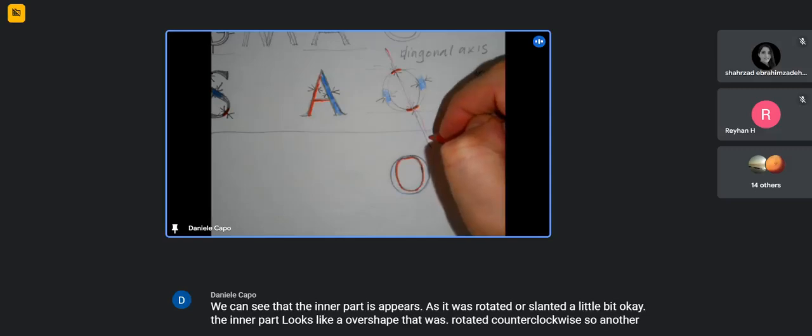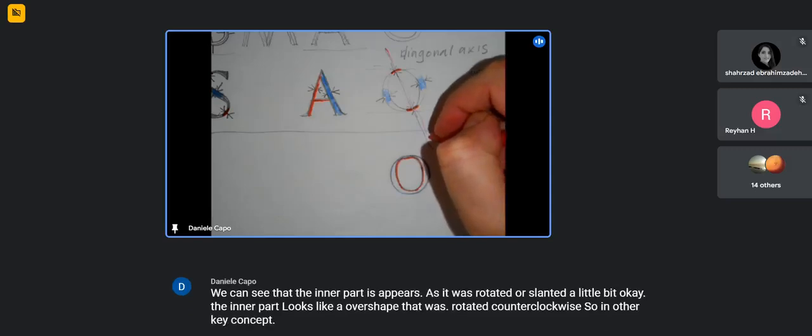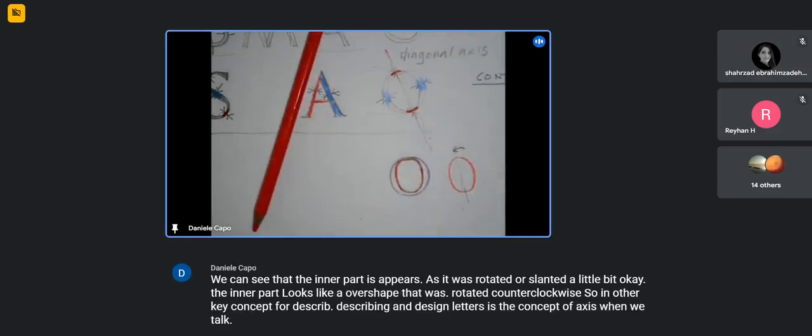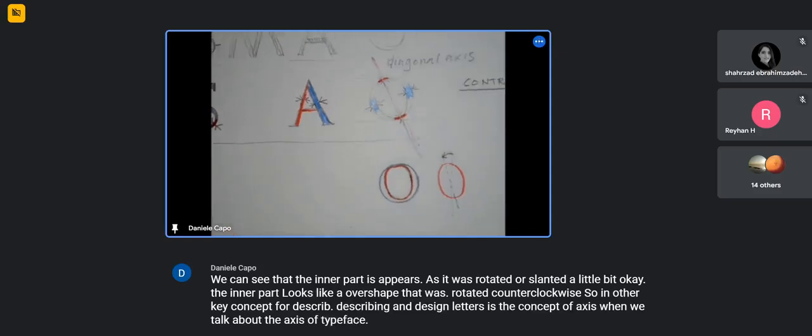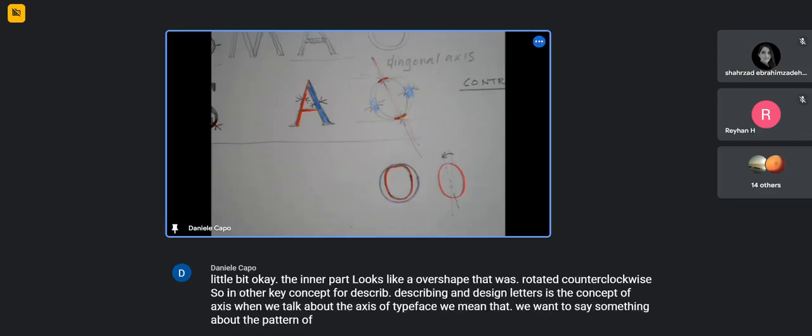So another key concept for describing and designing letters is the concept of axis. When we talk about the axis of typeface, we want to say something about the pattern of contrast. There are typefaces with high contrast, but a vertical axis.